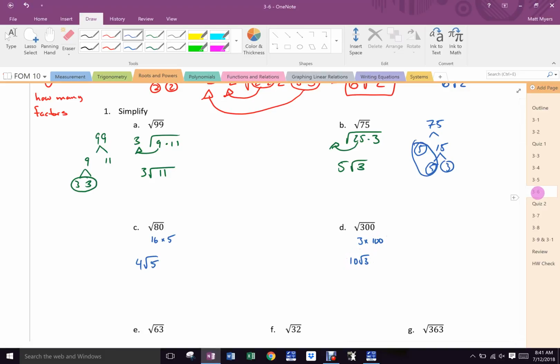Now, let me also add this to the mix. From now on, 90% of the time you see a square root sign in math class, you will not be evaluating it with a calculator. Do you understand what I'm saying? 90% of the time, from now on, you will leave them like this.